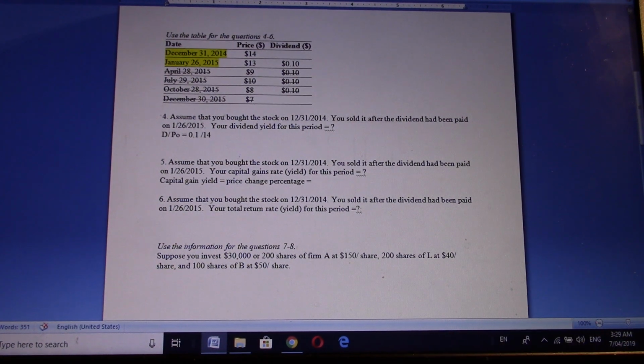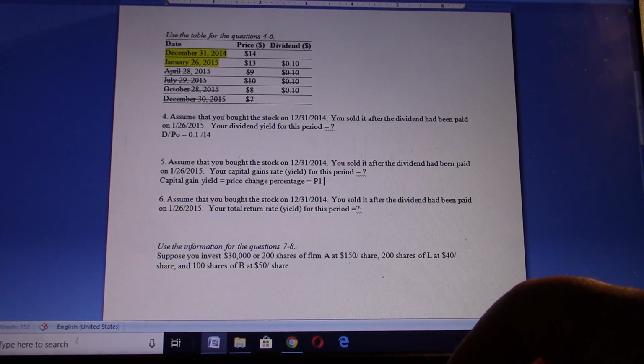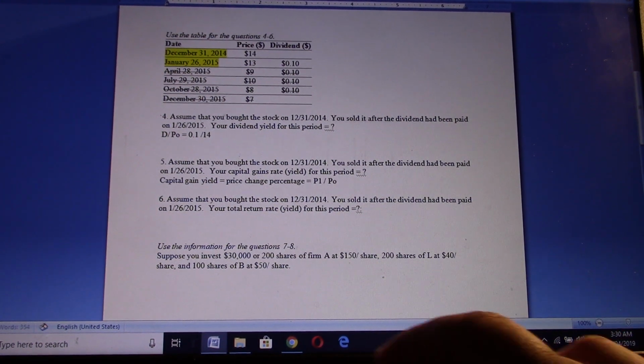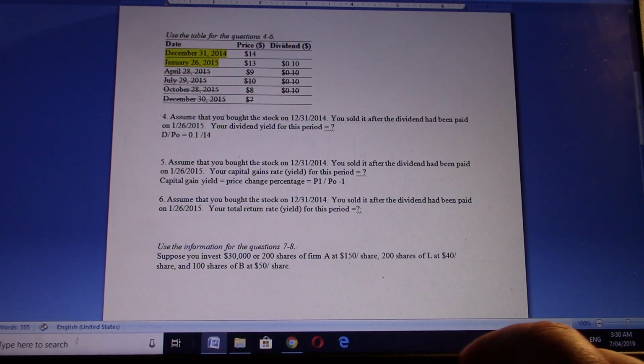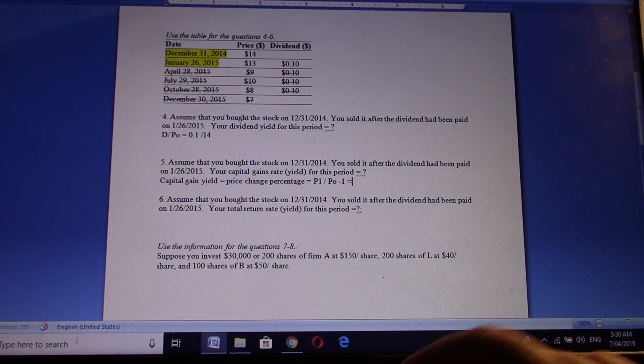So that's capital gain yield. It's only related to the stock prices from the beginning to the end. So let's use P1 for the selling price and P0 for the purchasing price: P1 over P0, minus 1. This will be the capital gain yield or price change percentage.